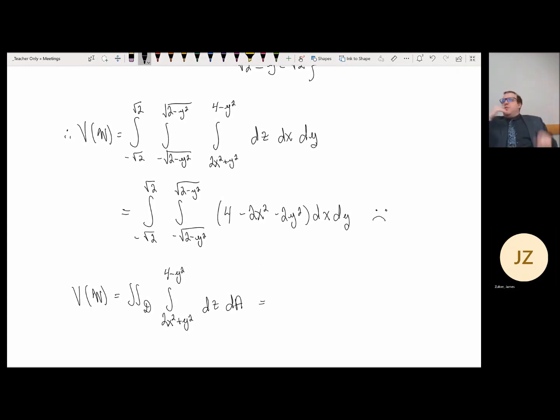Your differential volume would be whichever one you're integrating with respect to, in this case z, times differential dA.